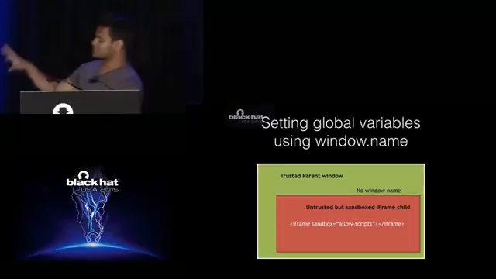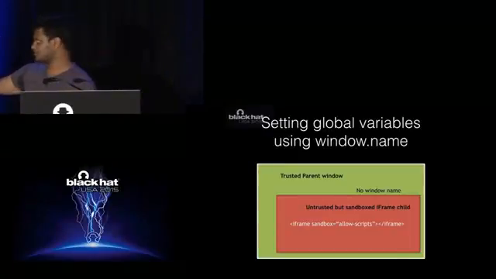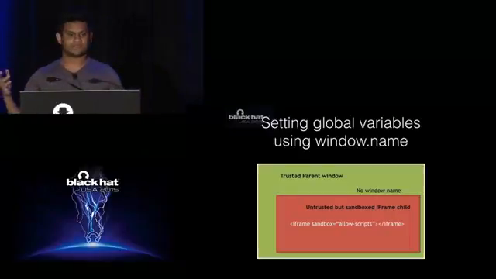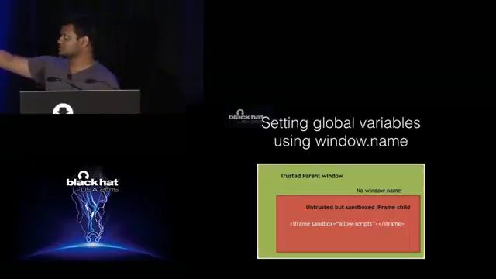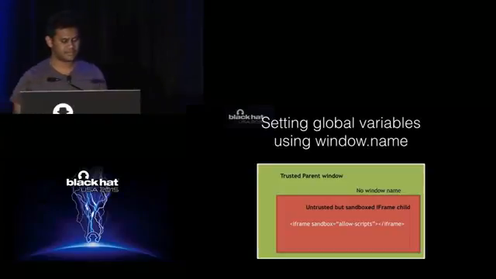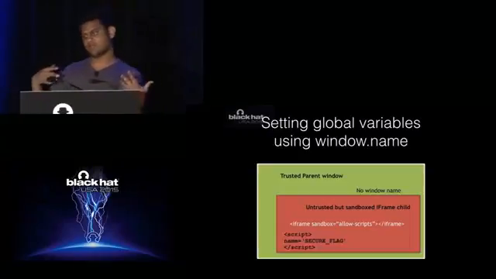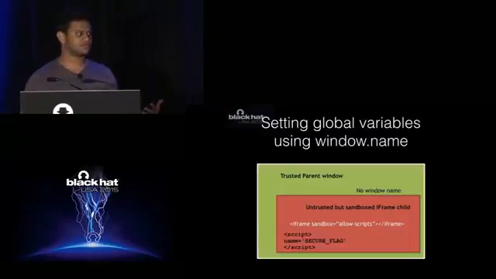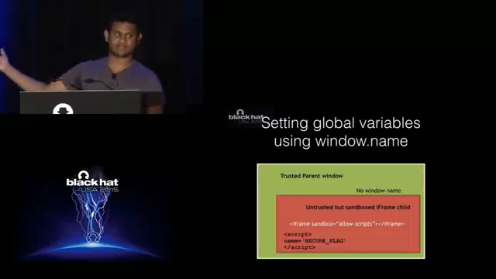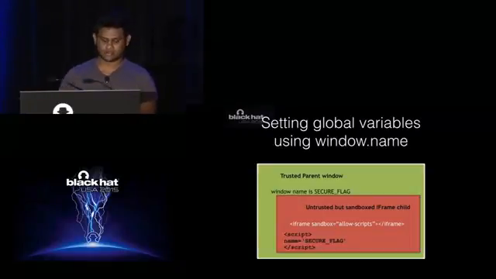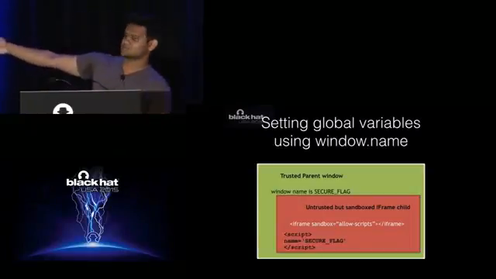This was the initial scenario. We have the trusted parent window, the untrusted child iframe, and initially there was no window.name for this sandboxed iframe. Now, I was able to execute any script in this context, so I set name equals secure_flag. By default, everything in JavaScript on the DOM is executed on top of the window object, so here it would be window.name equals secure_flag. So this iframe's name now becomes secure_flag.